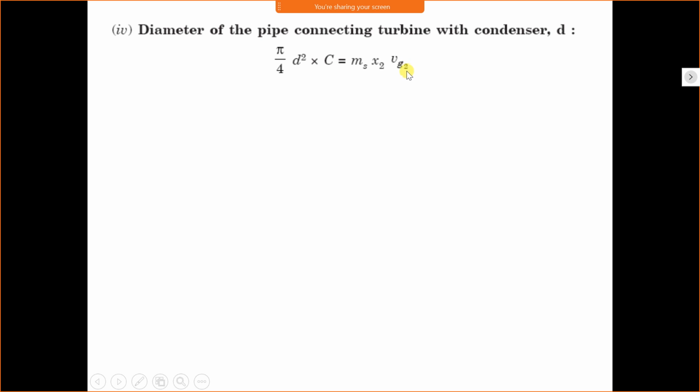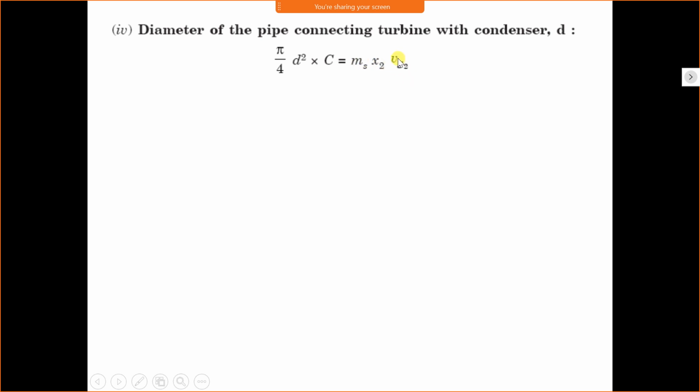This is the formula. Area of pipe is pi by 4 d square and velocity of steam flowing through the pipe is c. That is equal to mass of steam into specific volume of steam.